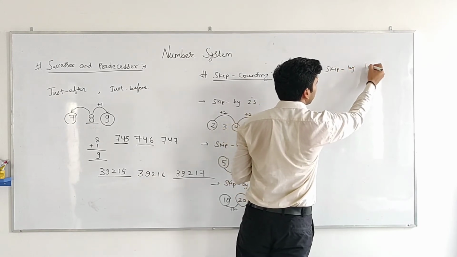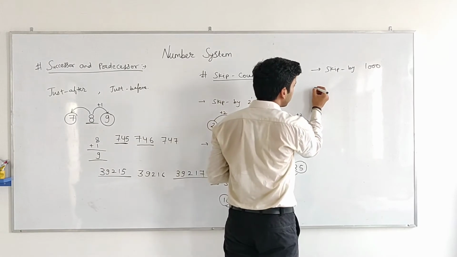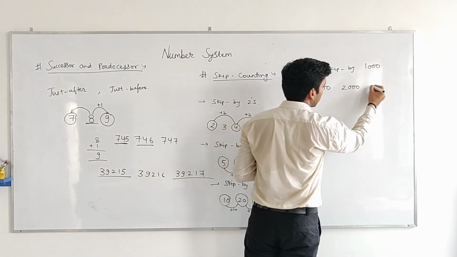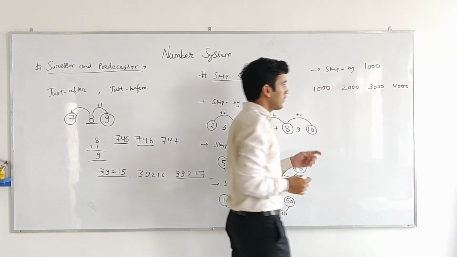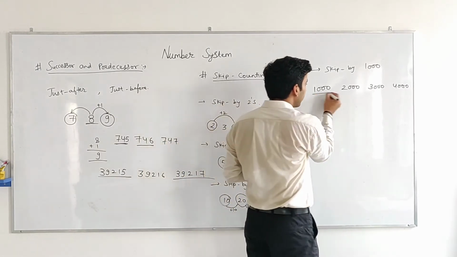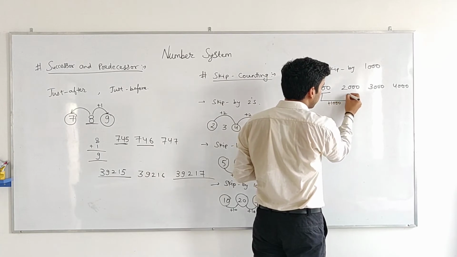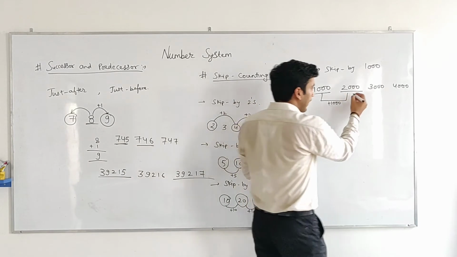Now next, skipping by 1000. If this is my sequence, my first term is 1000, and if we add 1000 to this term, then we get the next term, that is 2000.